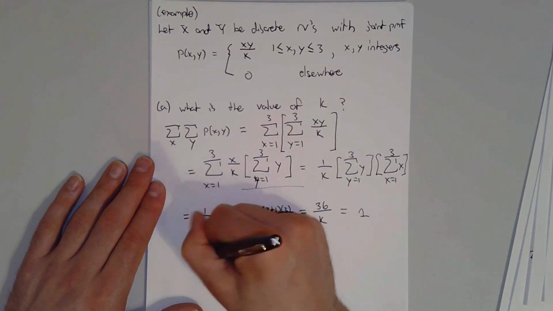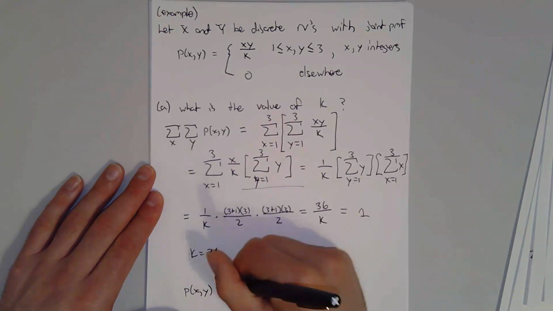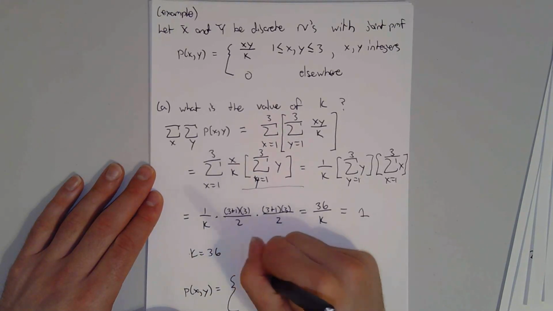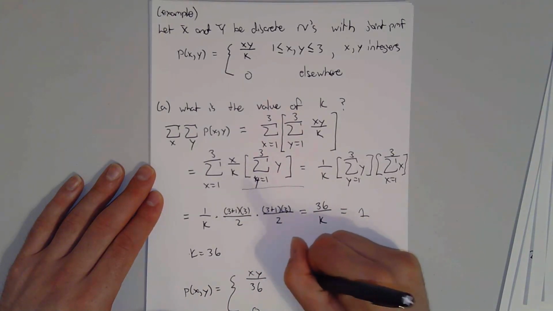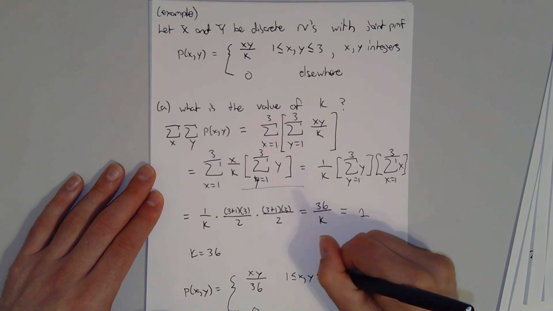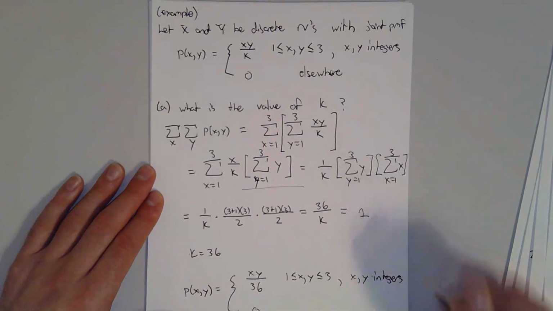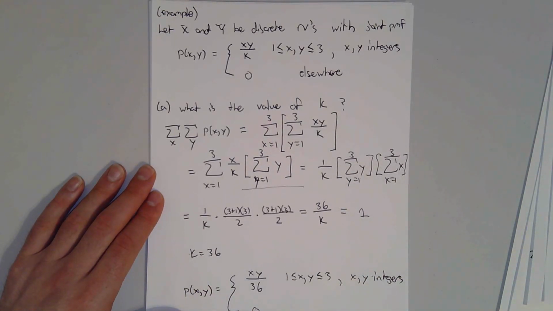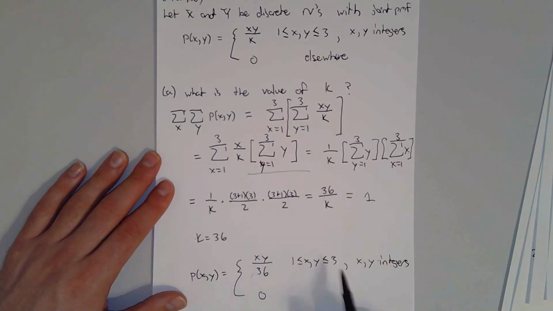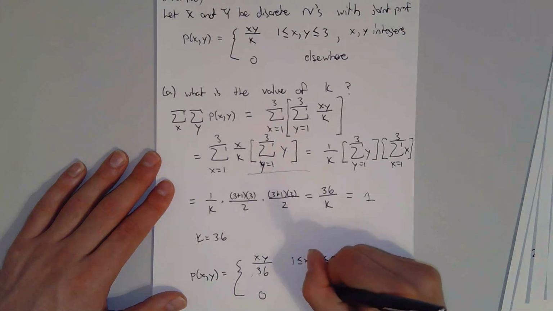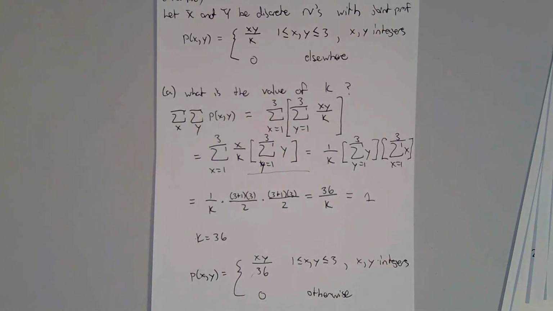Therefore, k is equal to 36, and we now have x times y over 36 and 0 otherwise. It's the same as before, but we can now substitute k out for 36.